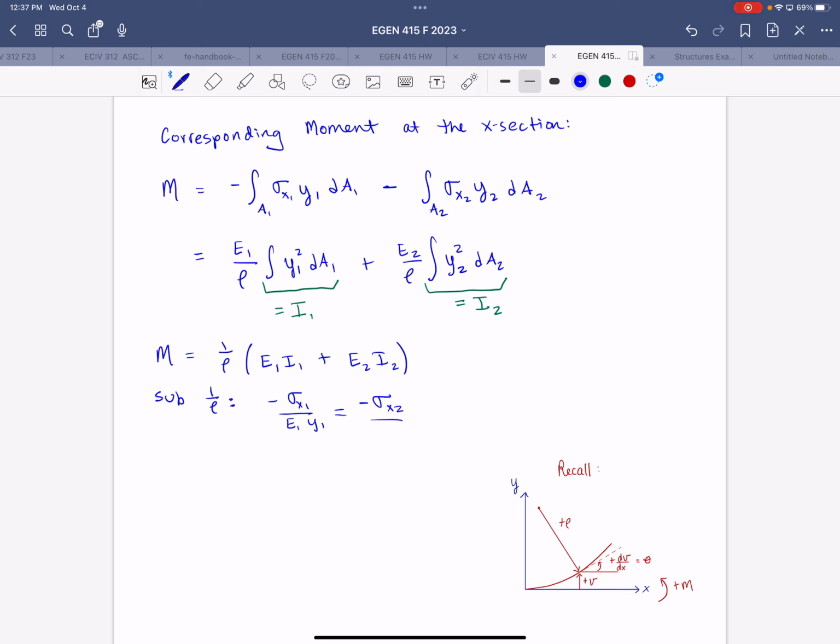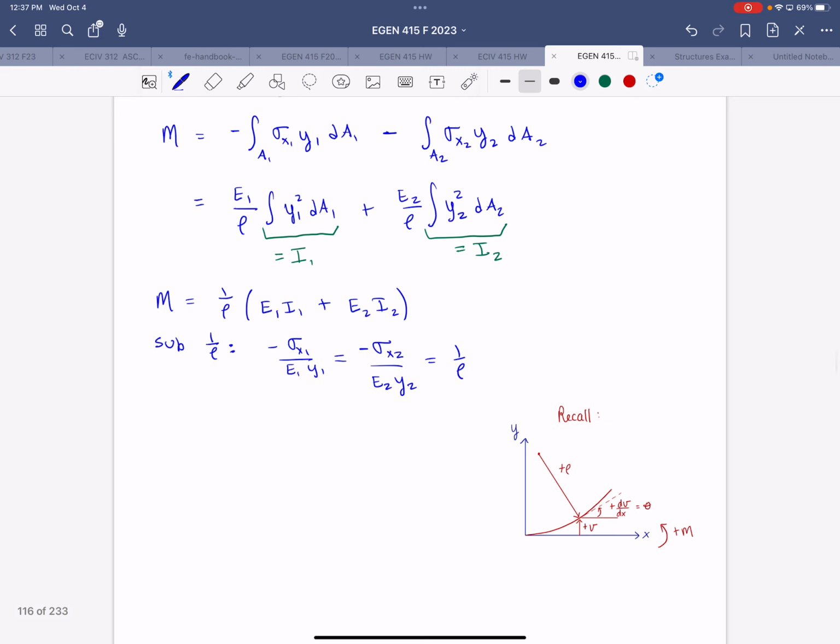All right, so plugging those substitutions in, now we get our expressions for normal stress in material 1 at a given location y1. So that would be negative capital E1 times the moment times the variable distance y1 divided by E1 I1 plus E2 I2.